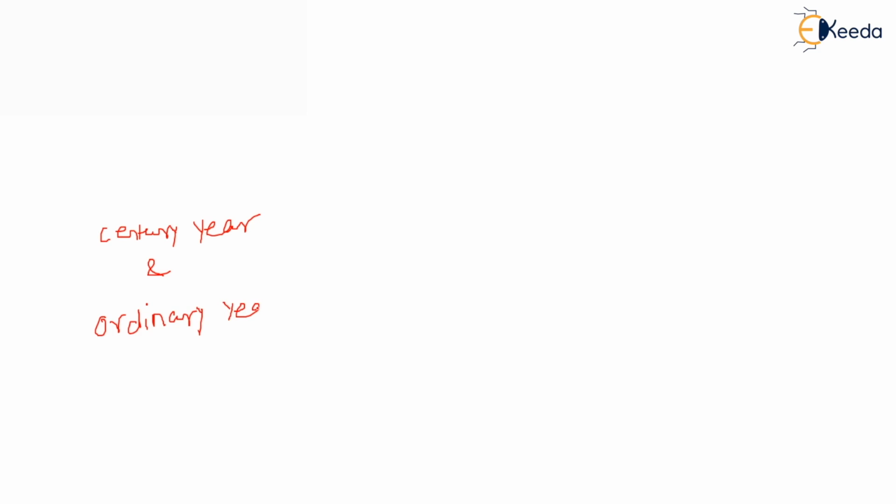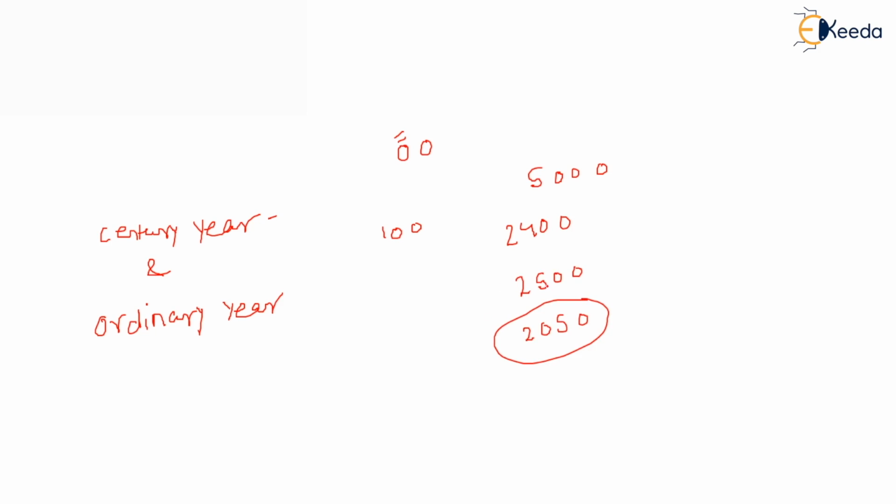So what do you mean by century year? Century year means any year that has zero in its last, right? That is a century year. Like 100, 5,000, 2,400, 2,500. But 2050 is not a century year. Okay. So if any number has double zero in its last position, then it is called a century year.